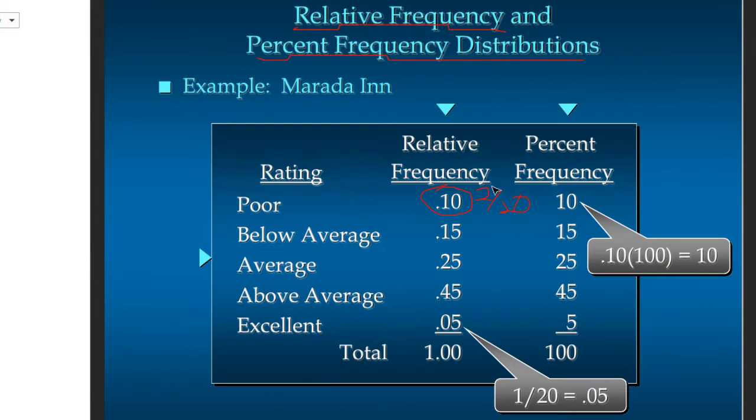You get the relative frequency first, then you convert the relative frequency into percent frequency, just like that. So if the question says construct a relative frequency table, then you are going to construct this part right there, right? This part. Okay.